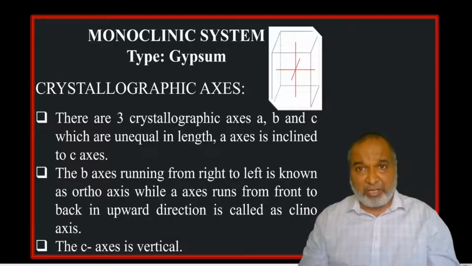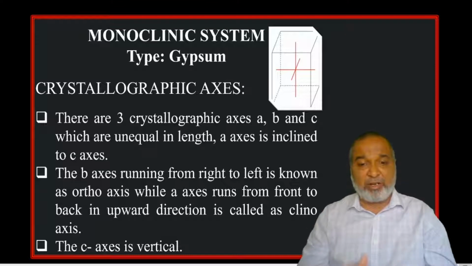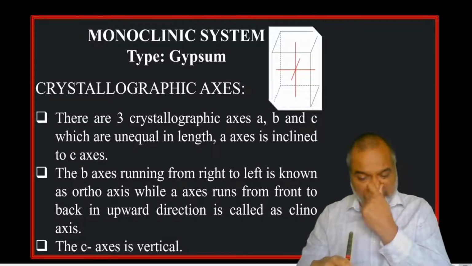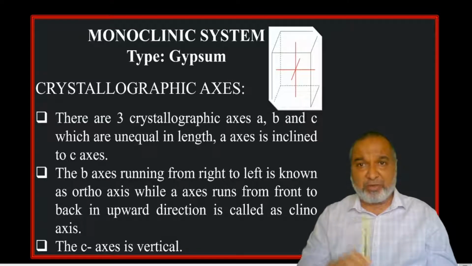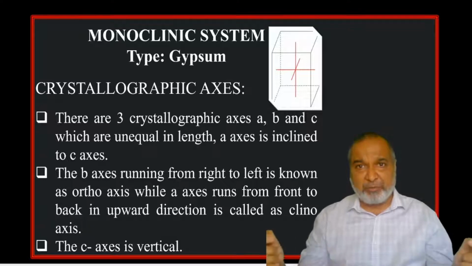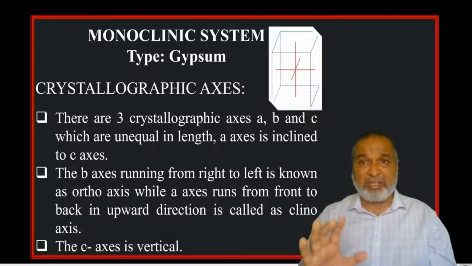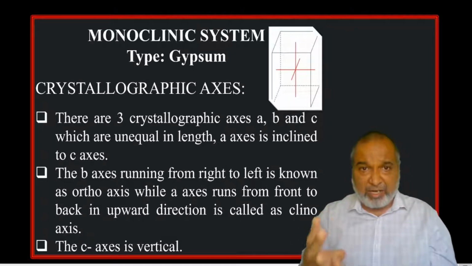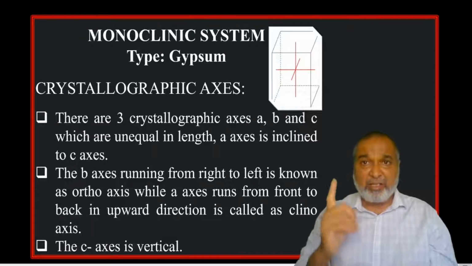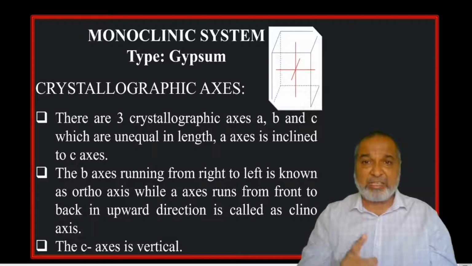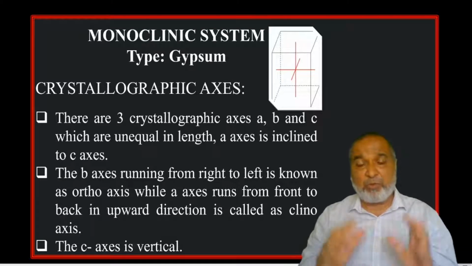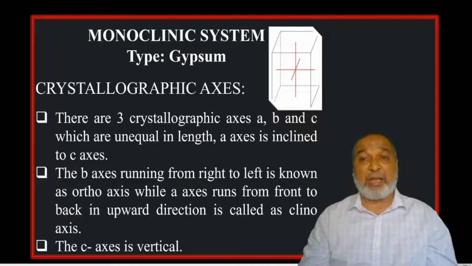Now the relation: A is the smaller axis, running from front to back of the observer, whereas B is the intermediate one, running from right to left, and C is the longest one. So all three axes are unequal. The A axis is inclined, running from front to back, so this axis is denoted as the clino axis.